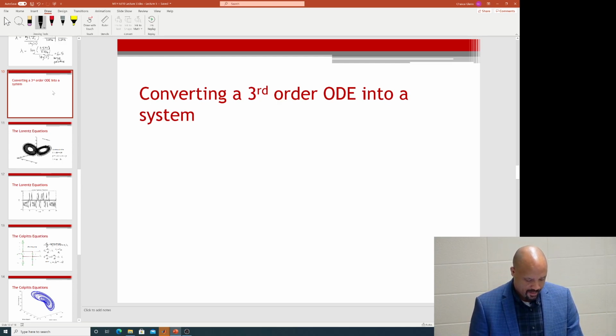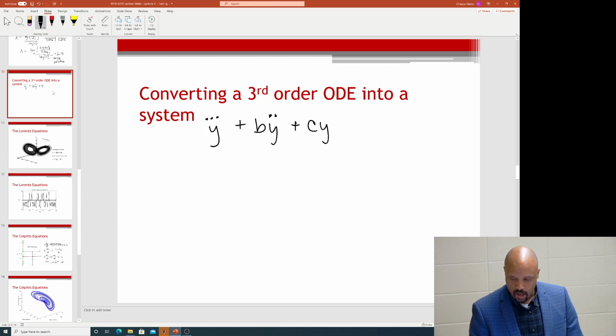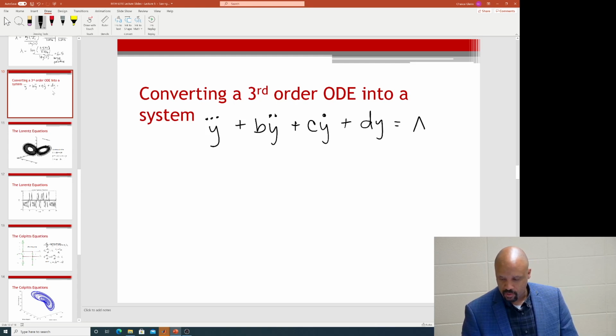So let's say, and again, we can use time derivatives, you have y triple dot, that's a third-order time derivative, plus b y double dot plus c y dot plus d y is equal to a constant a.